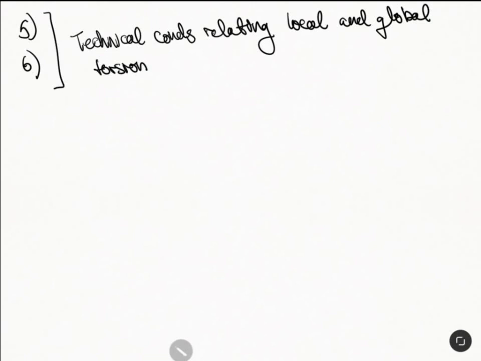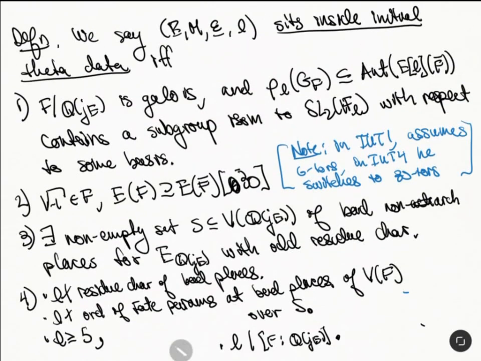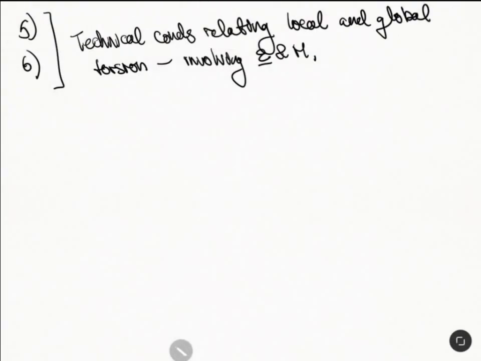So local at bad places and global torsion, and this involving this generator and M. Okay. So let me just, I'll come back to this condition here because it's important. But let me first say that this is what it is. Then I'll come back to this definition.